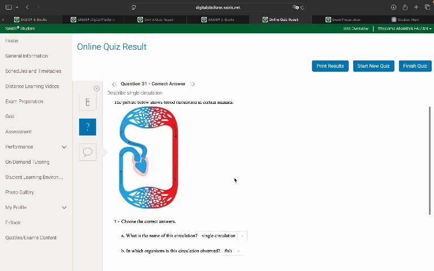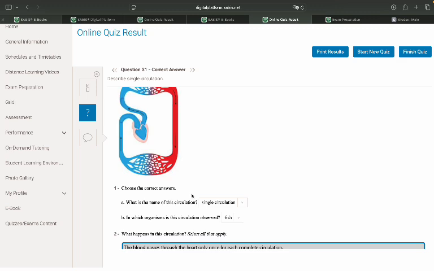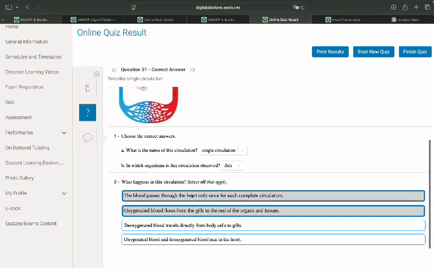Okay, now here it's about single circulation. This diagram is for single circulation, and as we said before, single circulation is found in fish. Double circulation is mostly in humans, mammals in general. Now, what happens in the circulation? The blood passes through the heart only once for each complete circulation.